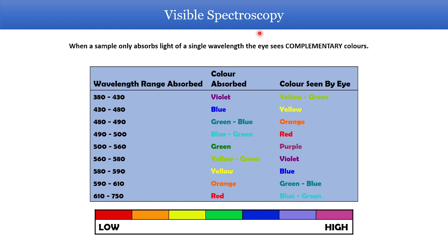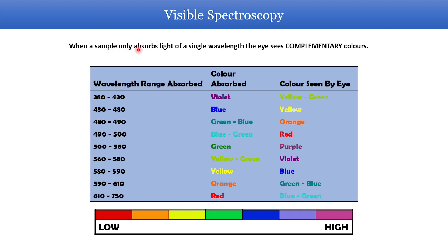For example, if the object absorbs violet, then we see it as yellow green. If it absorbs blue, we see it as yellow. If it absorbs green, we see it as purple. If it absorbs orange, we see it as green blue, and if it absorbs red, we see it as blue green.